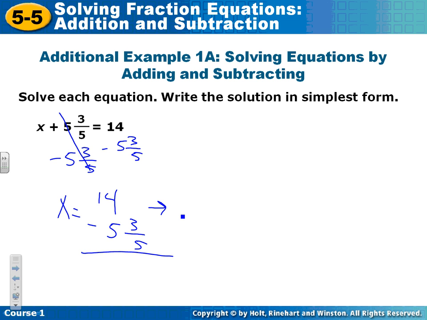Ashton. 13 5/5 minus 5 3/5. And then we can solve it. 5 minus 3 is 2/5. 13 minus 5 is 8.